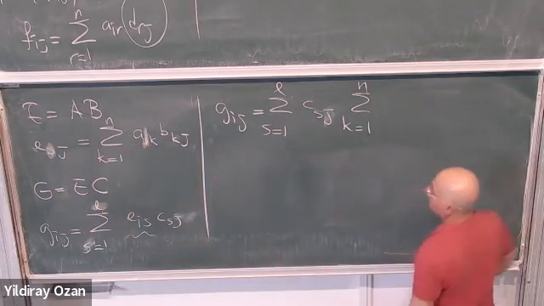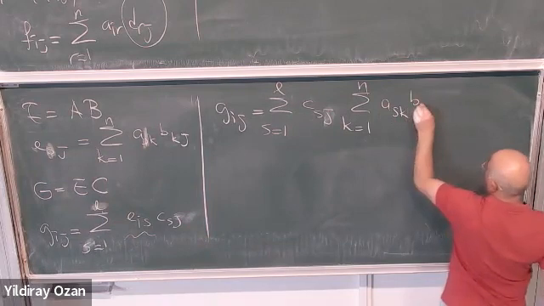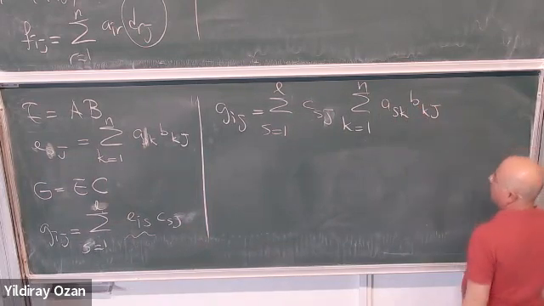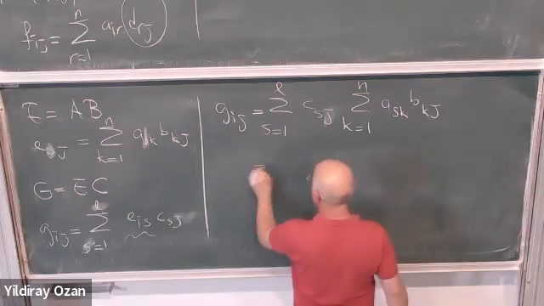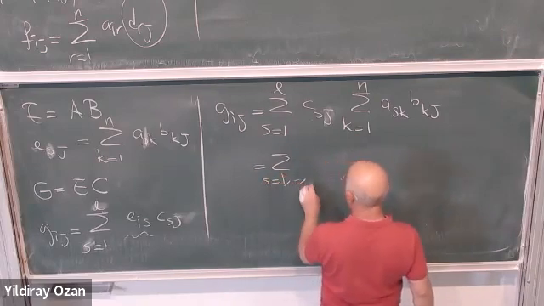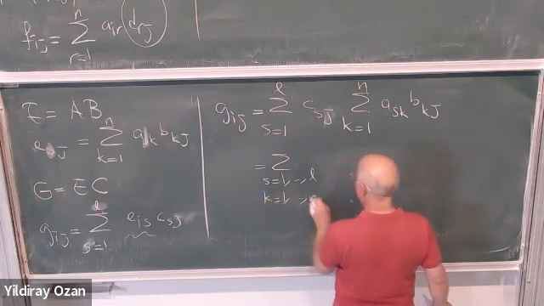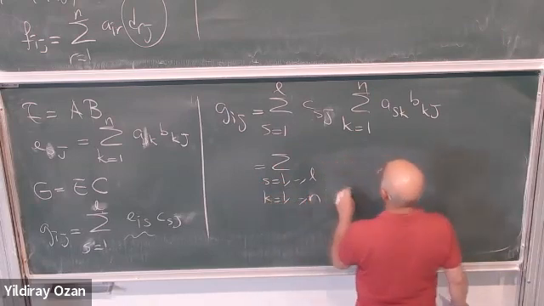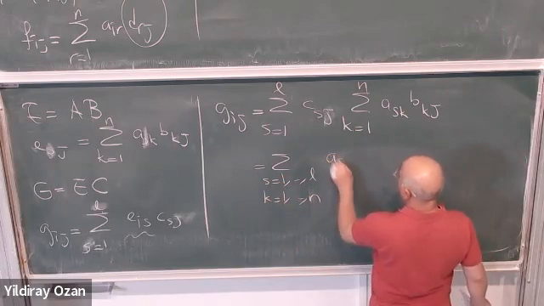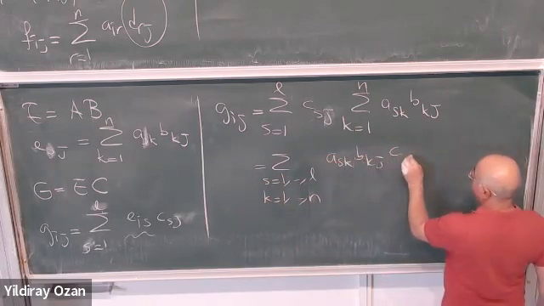So A, S, K, B, K, J. So this is just summation over S and K: A, S, K, B, K, J, C, S, J.